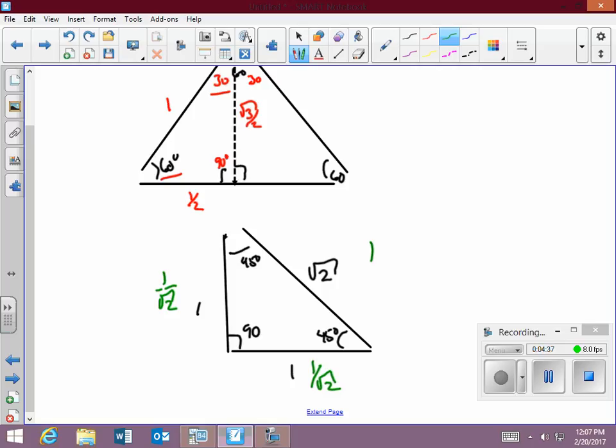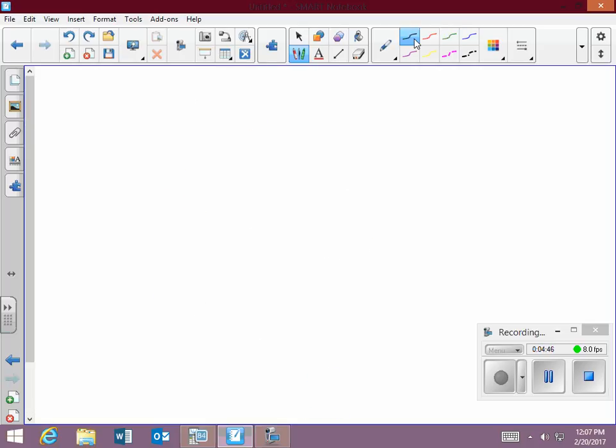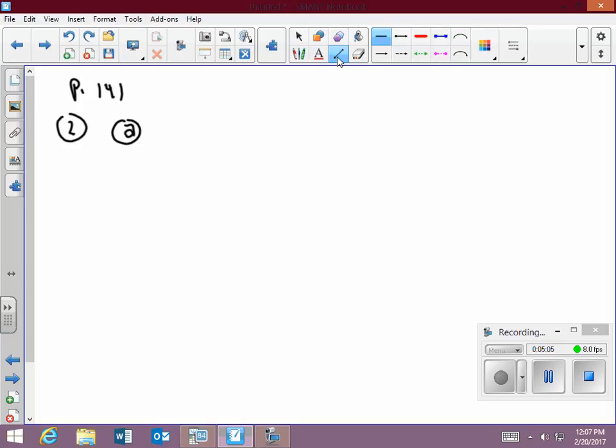So with that, in addition to the other things we have, and that problem set, we'll look at that. On page 141, number 2, it says find the missing lengths of each right triangle.